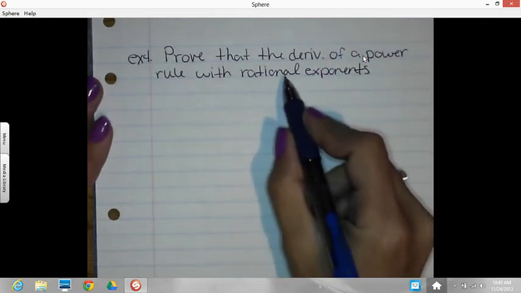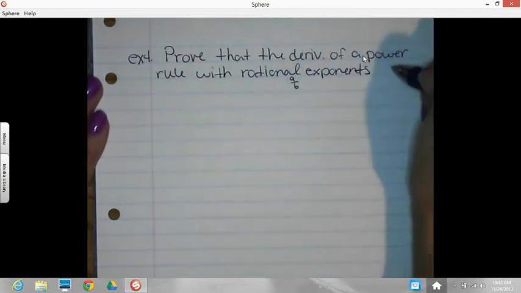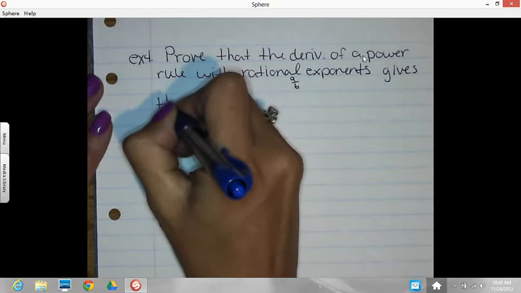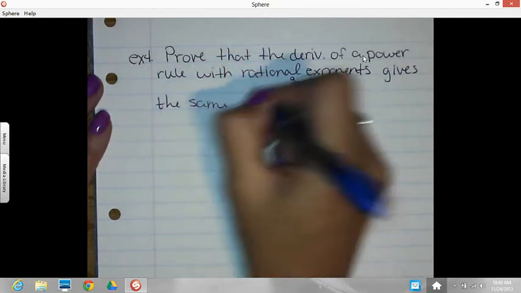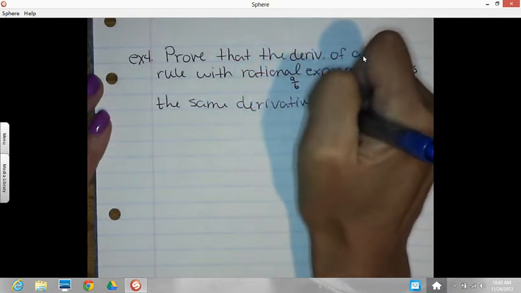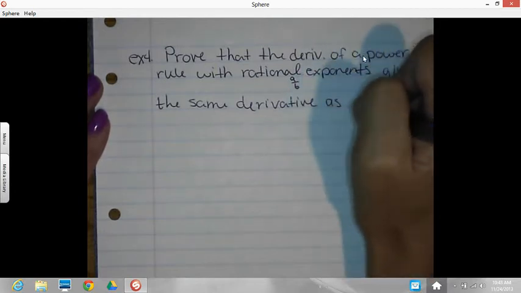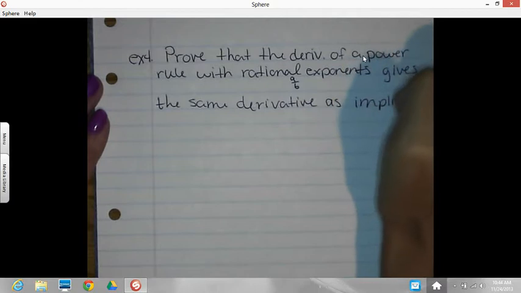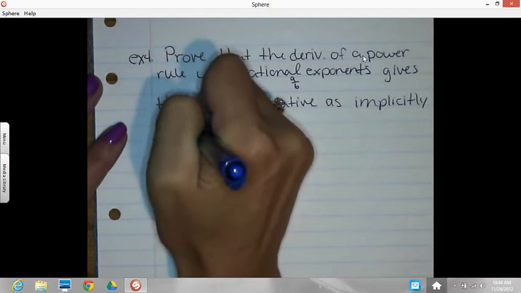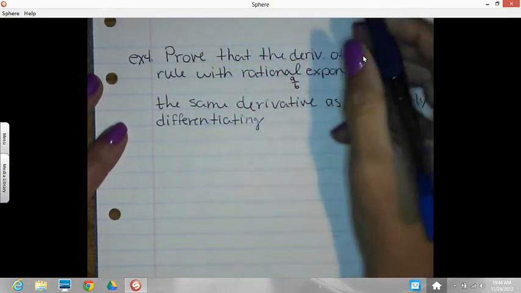So we're talking about fractional exponents here.